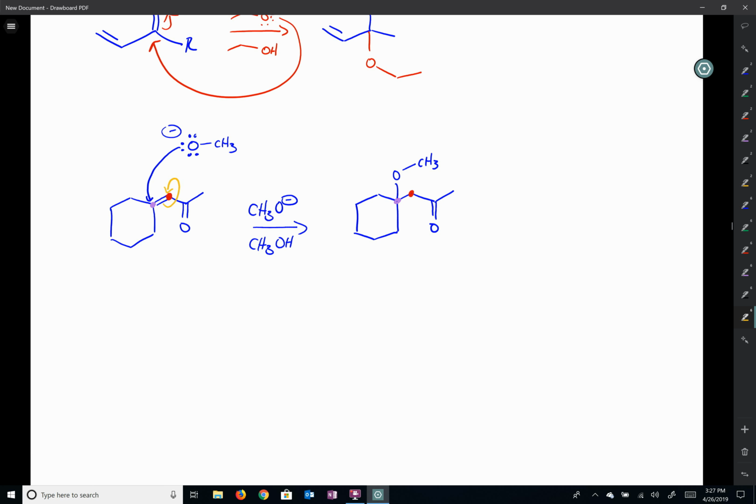So let's see what's going on in this step. There's what we have. We made this. Purple here, red here, and we ended up making a lone pair and negative charge on that alpha carbon.